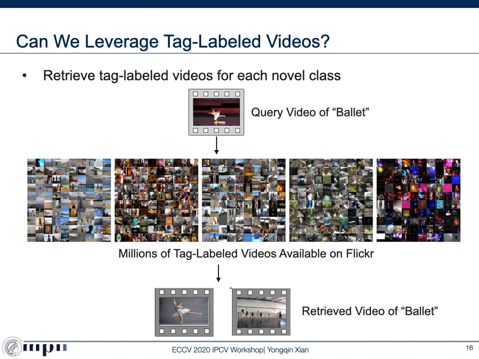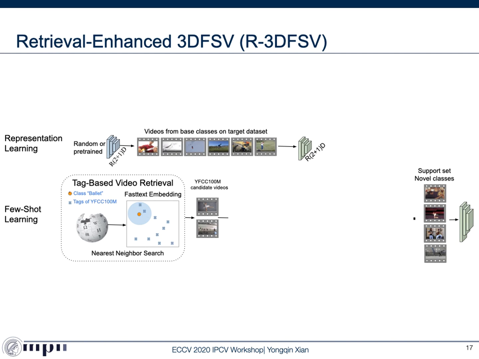In order to circumvent the need for labeled examples for novel classes, we propose an efficient retrieval approach to leverage tag-labeled videos from the YFCC 100 million dataset. More specifically, for each novel class, we retrieve the most relevant videos from another large-scale dataset to expand the training data of this novel class. So for each of the novel classes, we first retrieve a list of candidate videos by computing the nearest video tags of its class name in the text embedding space.